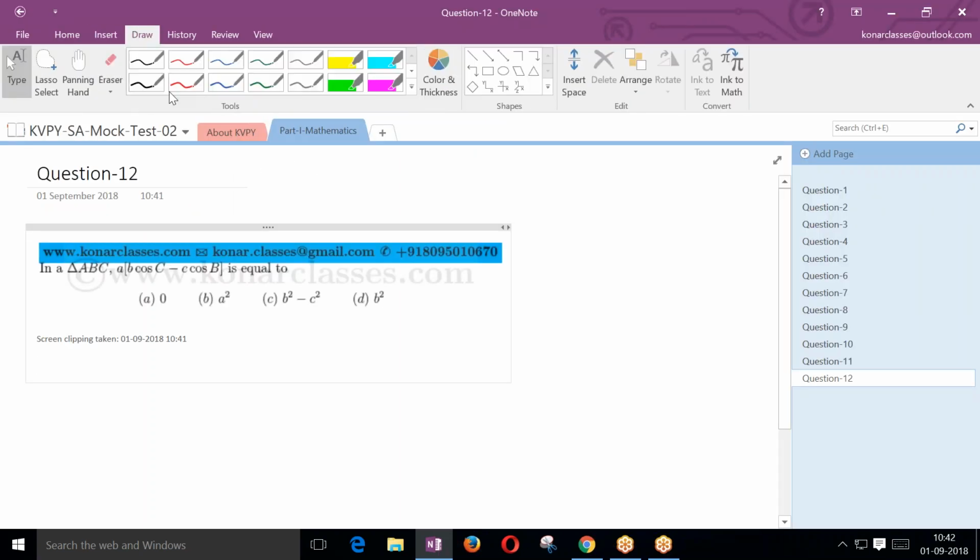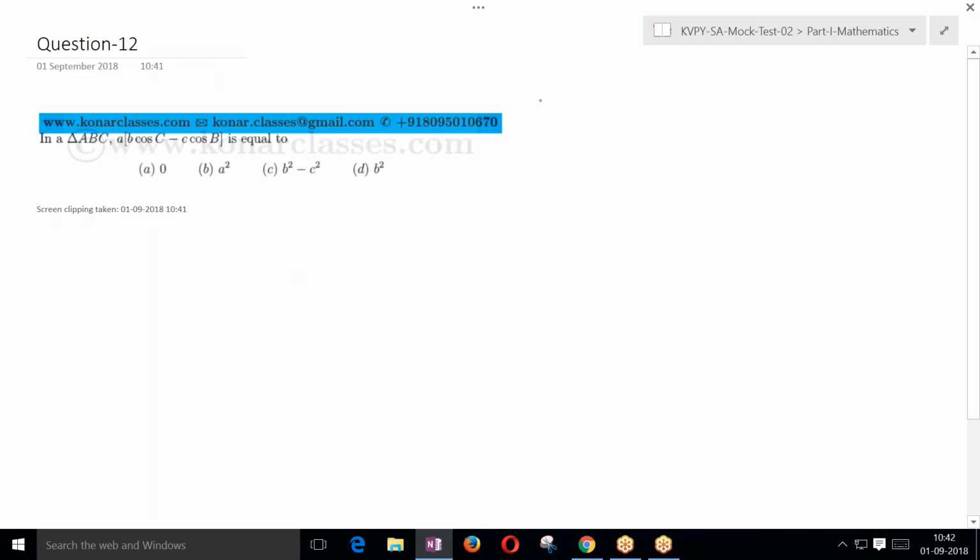Here, what is the value we need to find? We need to find the value of a(b cos C - c cos B).